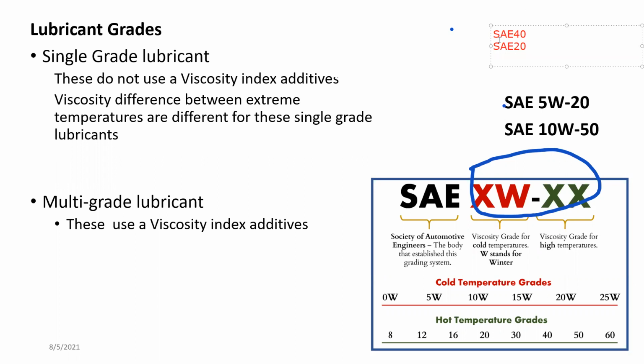Single grade also came as SAE 20W sort of things, but nothing beyond that. What that means is this particular lubricant is only delivering this grade of viscosity at low temperature. It's not good to use in high temperature applications. So that's what this means.